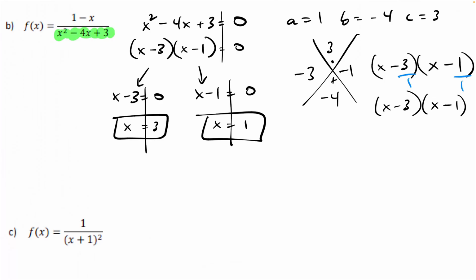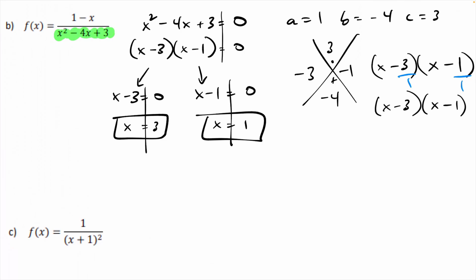Okay, so are they both vertical asymptotes? Is one of them a vertical asymptote, one of them a hole? Are they both holes? How do we know? What's the test? Just plug them in, right? If I were to plug in 3 on top, would I get 0?